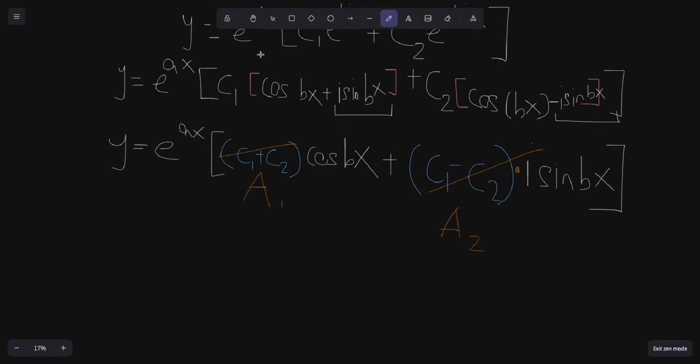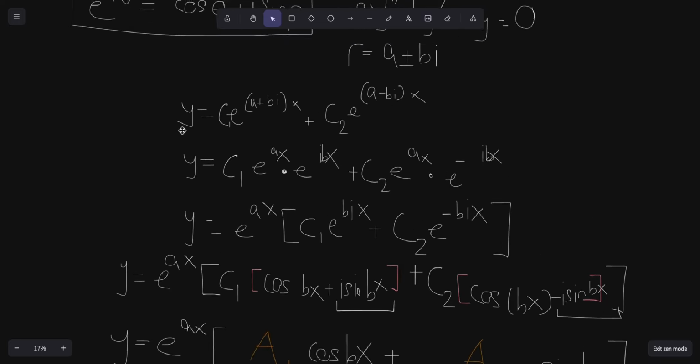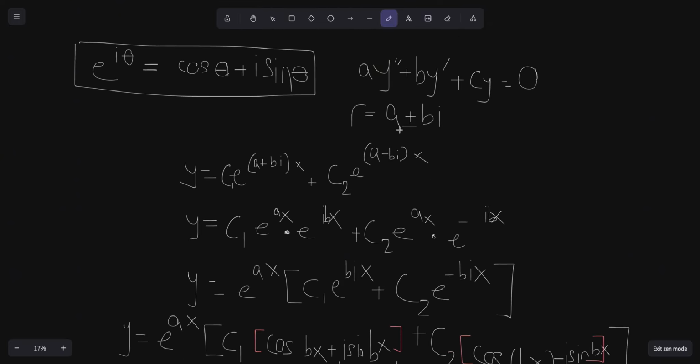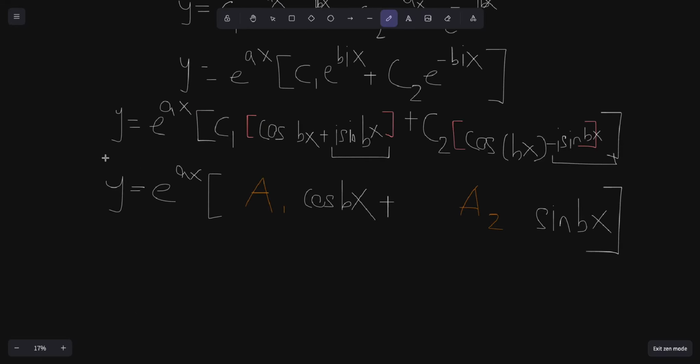Therefore, the general solution for a complex second order differential equation is just going to be some constant A1 times cosine of Bx plus some constant A2 times sine of Bx. Remember that the I gets absorbed into this constant. And all of this is going to be multiplied by e to the ax, where a is the real part of the complex number. And so this is going to be the general form.